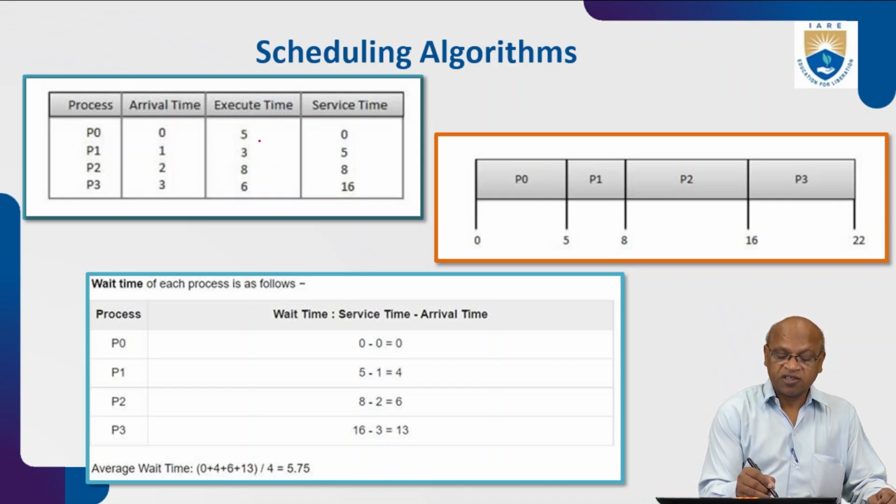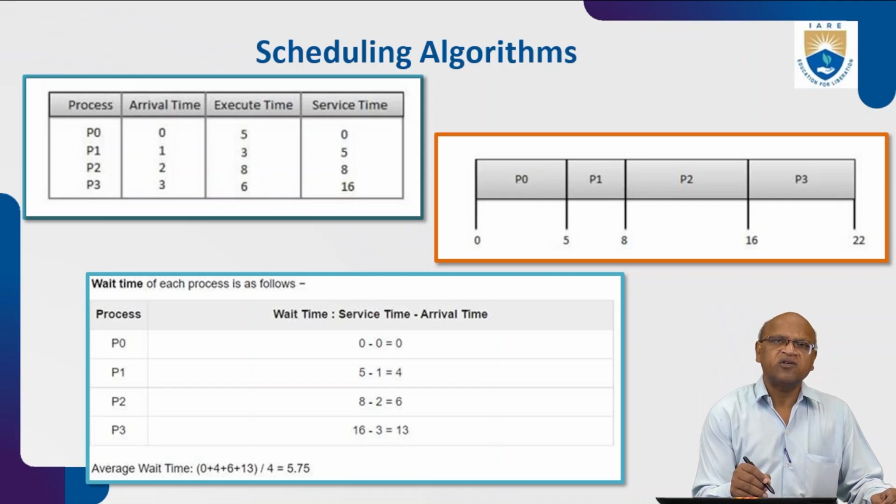Next, execution time: how much time it takes to execute process 0, that is, how much time the CPU spends with process 0. It is 5 milliseconds, 3 milliseconds, 8 milliseconds, and 6 milliseconds. Process 3 takes 6 milliseconds to execute, that is, the CPU spends 6 milliseconds with P3 for execution.